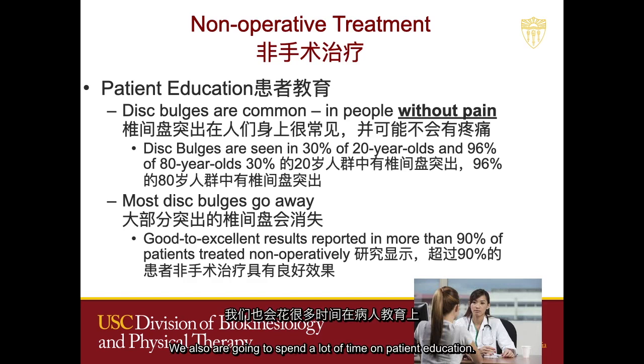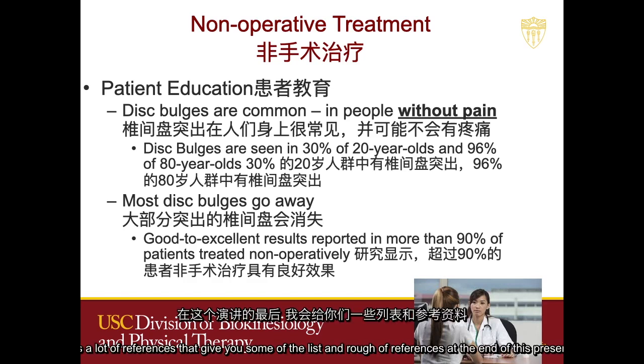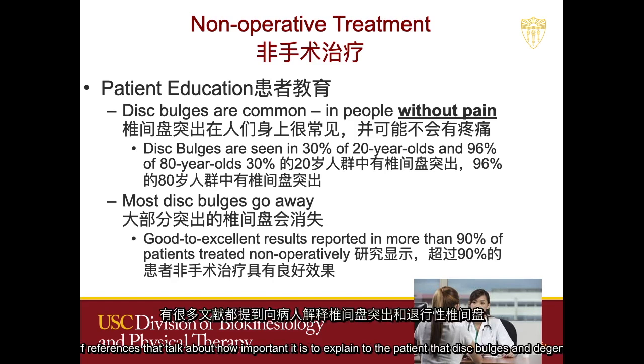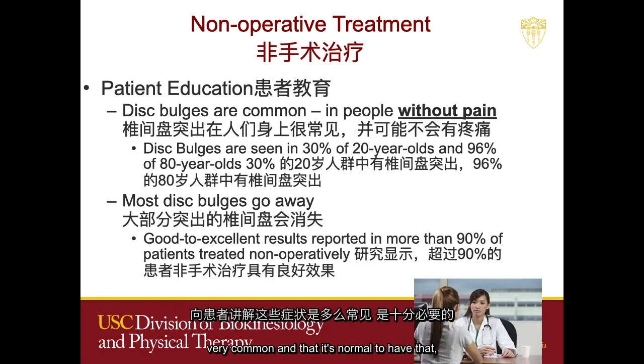We also are going to spend a lot of time on patient education. There's a lot of references that we give you, some of the list of references at the end of this presentation. There's a lot of references that talk about how important it is to explain to the patient that disc bulges and degenerative discs are very, very common, and that it's normal to have that.